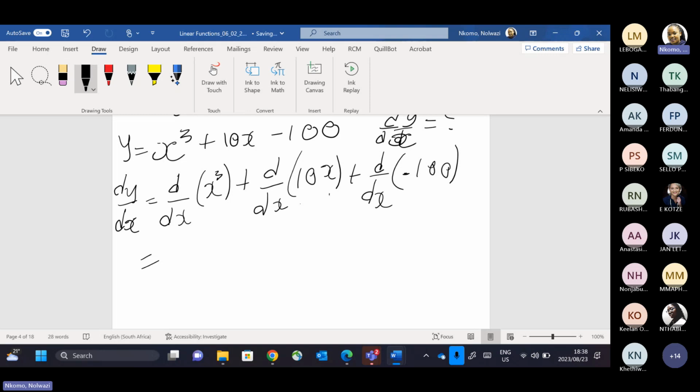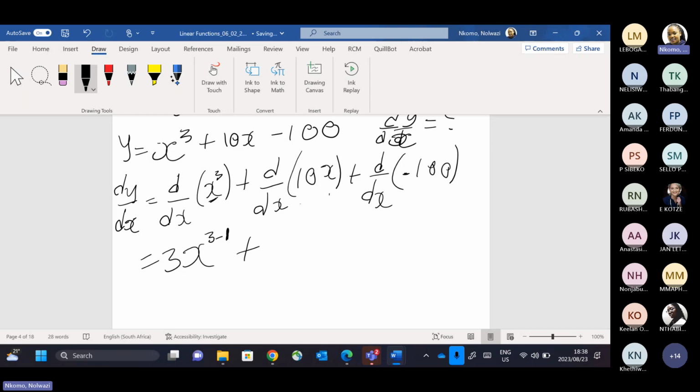We have x to the power 3. We said if we are given a term like this, for the derivative, we take the exponent and multiply with it. So this means we'll have 3x to the power 3 minus 1, right? And plus the derivative of this term.